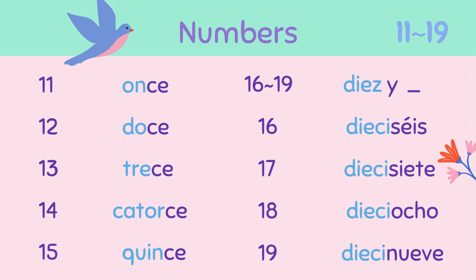And from 16, they also have something similar. They all start with d-i-e-c-i. The i here is the abbreviation of diez, and the y here means plus or and. So, dieci means 10 plus a number.